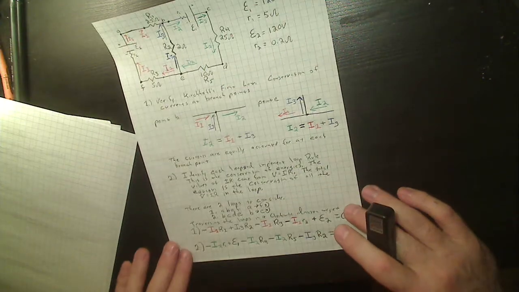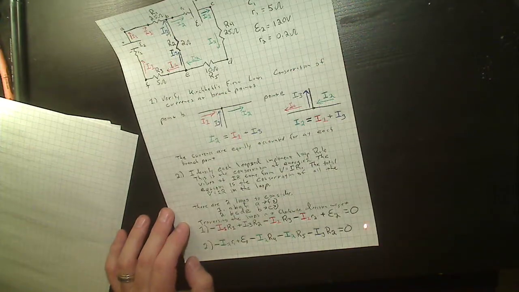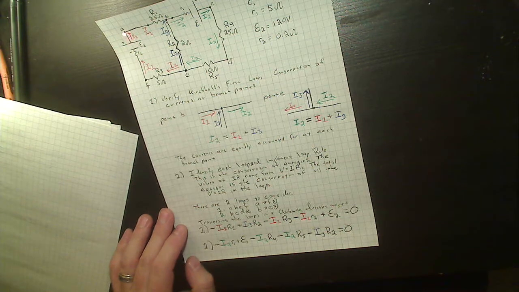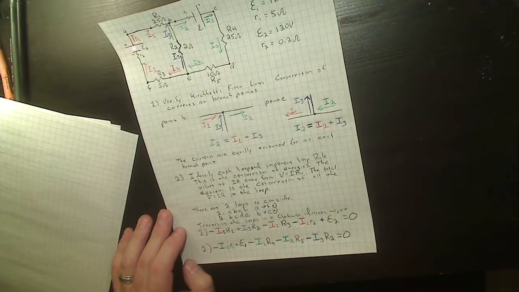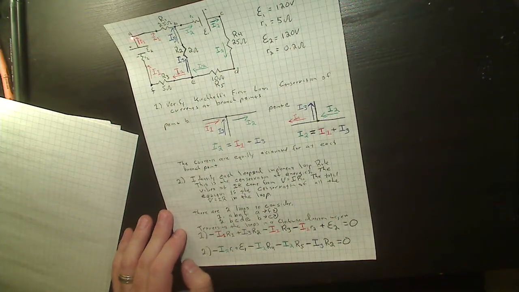Okay, so I'm just going to quickly show, branch by branch, where each one of these pieces comes from. So I start at point A and I move from A to B, and as I move from A to B, I encounter resistor number 1, and I'm going clockwise, and I'm looking at current I1 moving in the same direction as my clockwise movement.